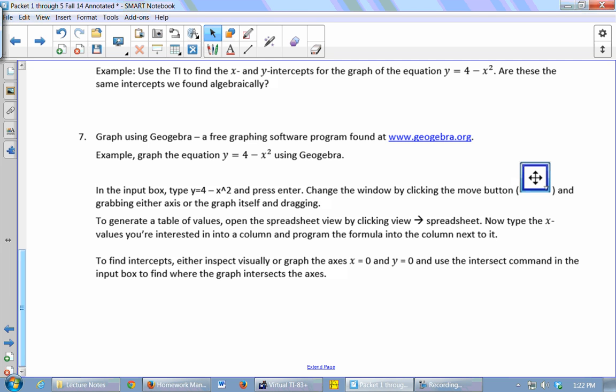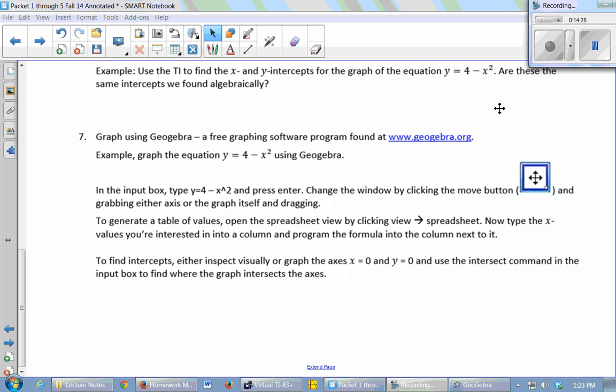Okay, so we're going to do the same kinds of things we did on the TI with GeoGebra. So let me open up that program. Okay, so I want to graph the thing we plotted by points earlier, and on our graphing calculator after that, I want to graph y equals 4 minus x squared.